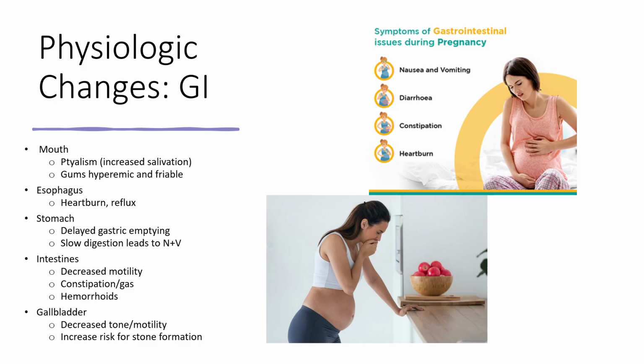I remember during my own pregnancy, that was definitely very uncomfortable. I often carried Tums with me just to help with that heartburn sensation. Depending on the need, patients may need to take some Tums.